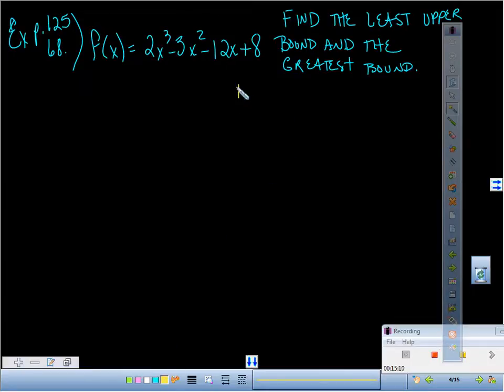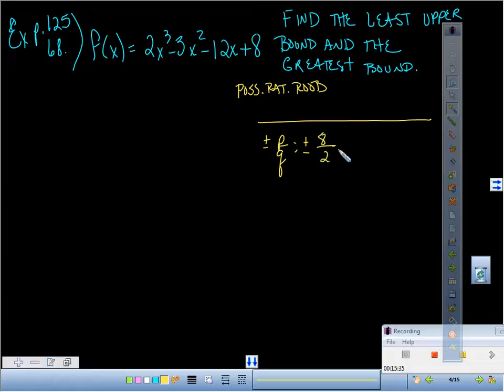So yes, the first thing you're going to do is list your possible rational roots. They're just going to give you a place to start, okay? So that's plus or minus P over Q. All of this is going to be on your test too, right? But you've already had a test over this, so you should be fine. The last are first, and the first are last. So that's plus or minus the factors of 8 over 2.